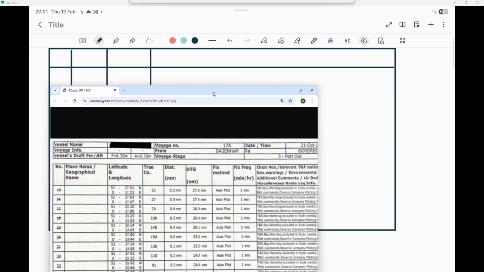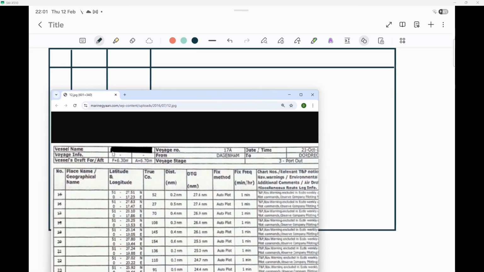But anyway, let's take this as an example. So you have latitude and longitude, right? I just put it in two different columns, but that's okay. The next one is the true course, right?